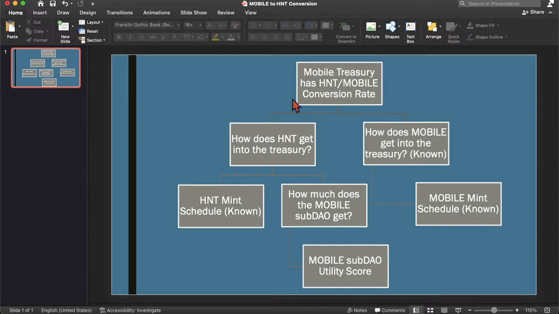The HIPs that have been passed have been discussing this conversion rate as a floor price, that HNT is going to be the backstop for mobile. So the price of mobile shouldn't fall below this is the thought process. But my big thing has always been, okay, how low is low? Or how low is this floor price going to be, right?